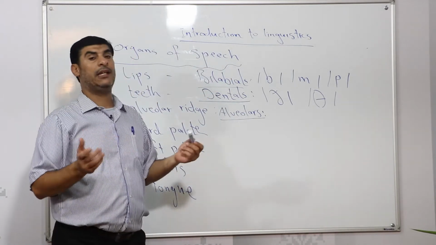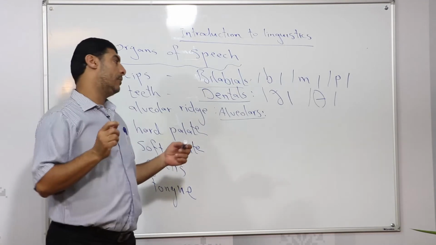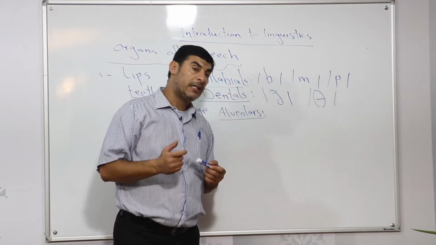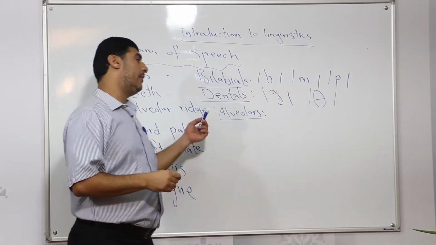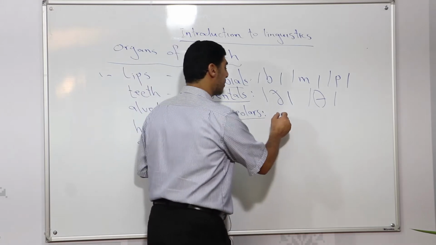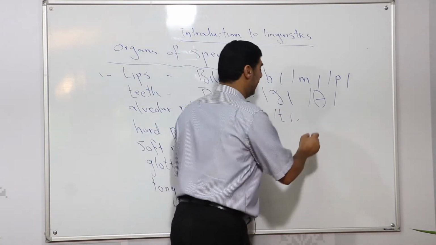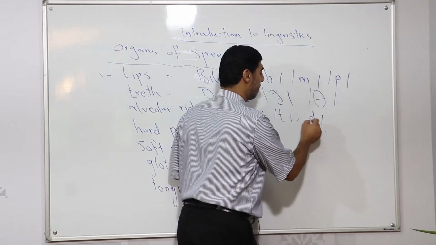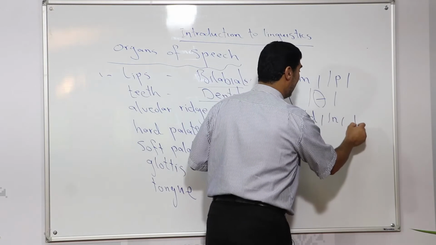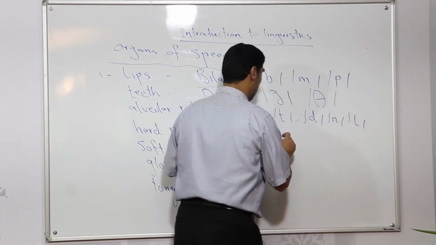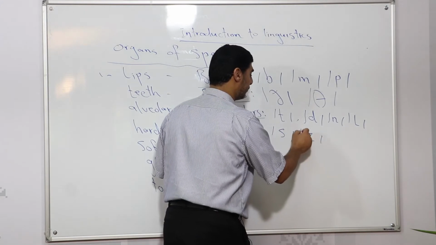Try to say ta and da and na and la. You will find that the tip of your tongue touches or is pressed against the alveolar ridge. So we have this phoneme ta, and we have da, na, la, sa, and za.